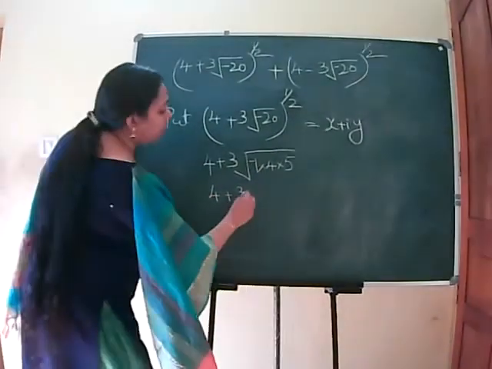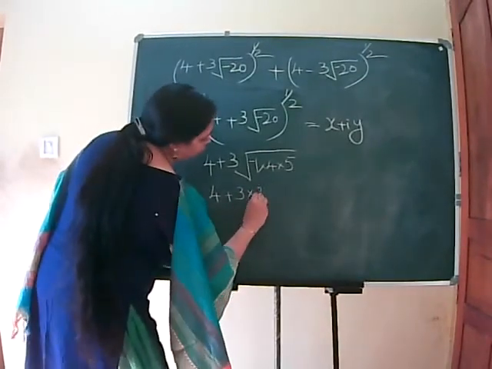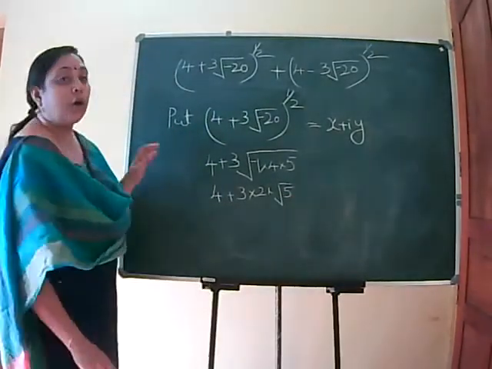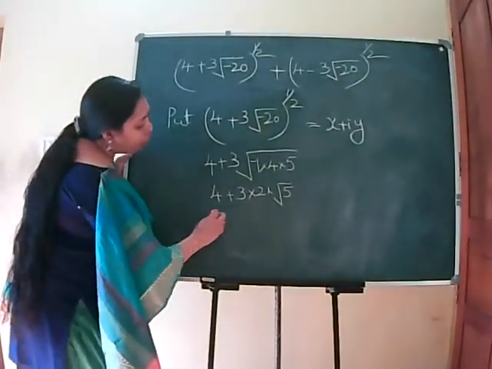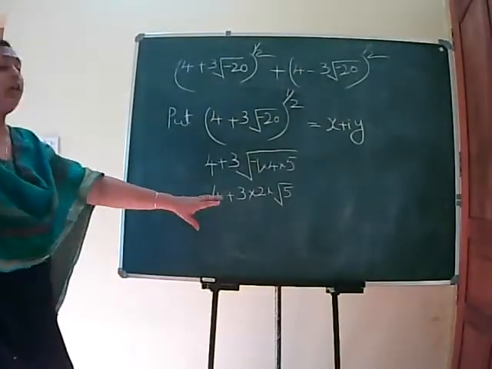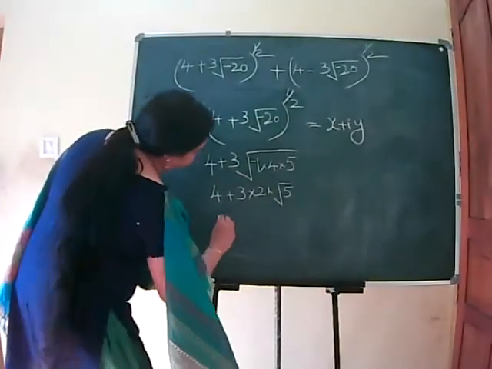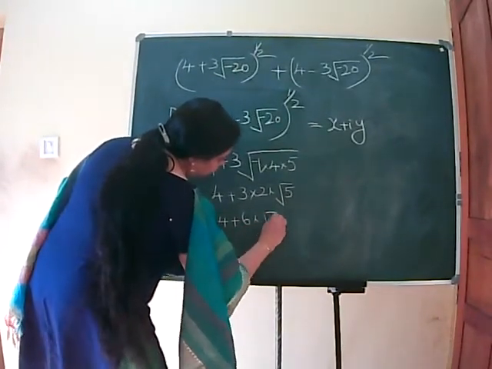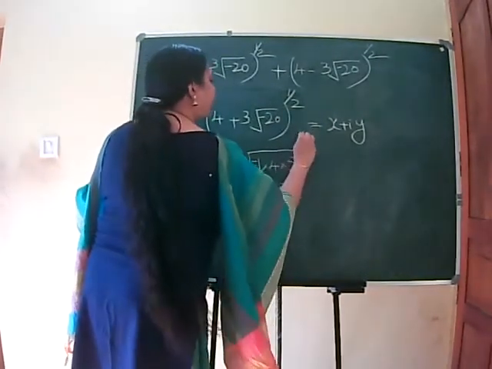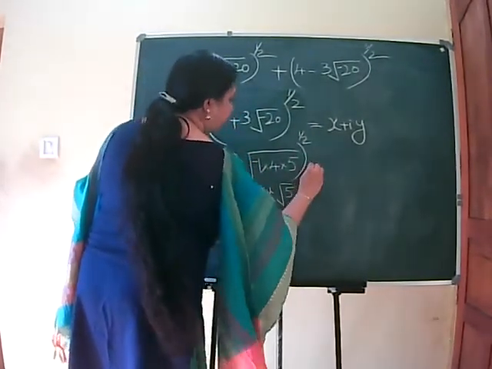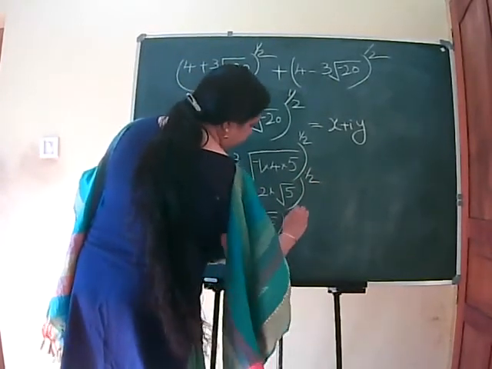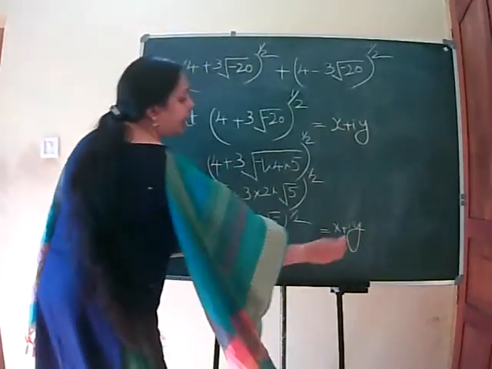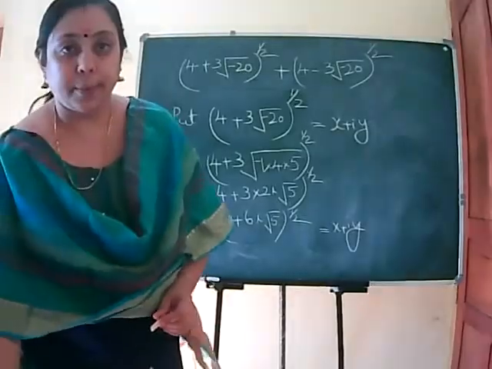So that becomes 4 plus 6i into root 5, is x plus iy. Okay.